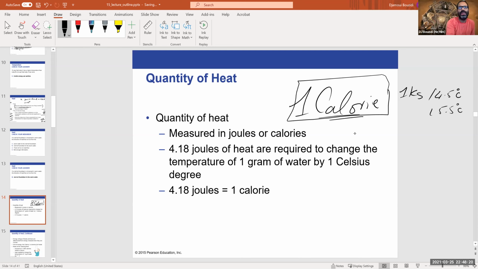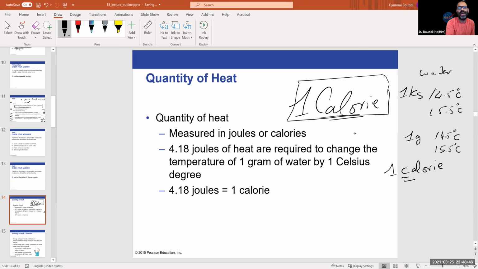This is different than if you take, for example, 1 gram of water, sitting at 14.5 degrees Celsius, and you watch it go up to 15.5 degrees Celsius. In this case, we define it not as 1 Calorie, but rather as 1 calorie. Okay? You guys see the difference between the two.